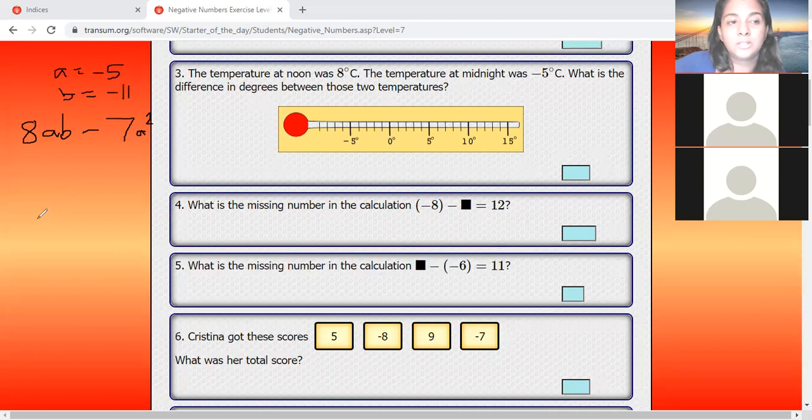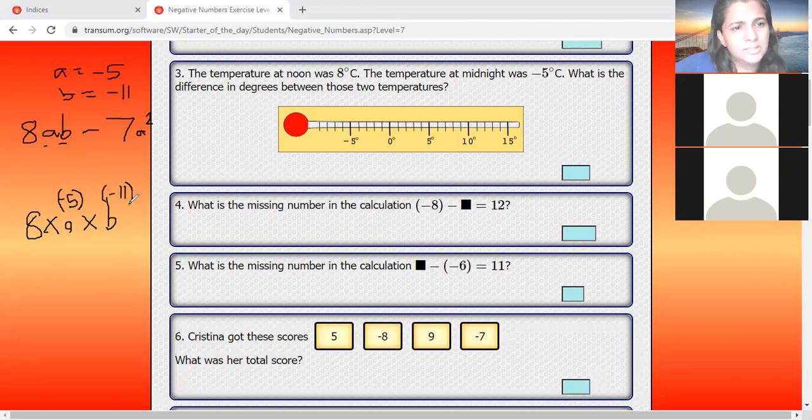I don't know how to solve ab. Yeah, 8ab means 8 times a times b. You see that? Which means now you put in the value negative 5 over here. And then 7a square, how to do? And then this is negative 11.